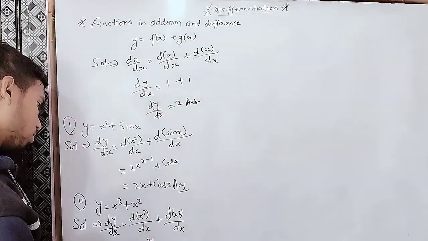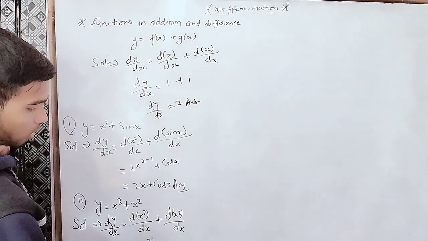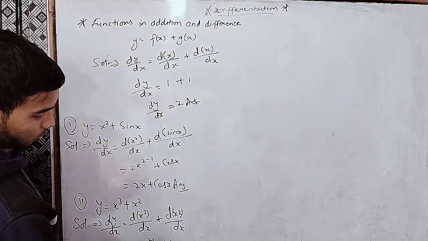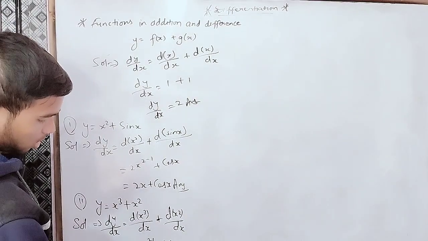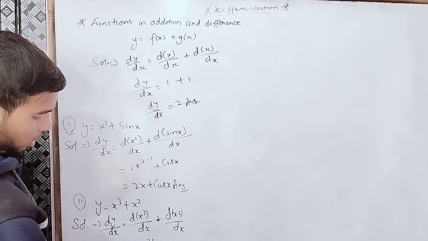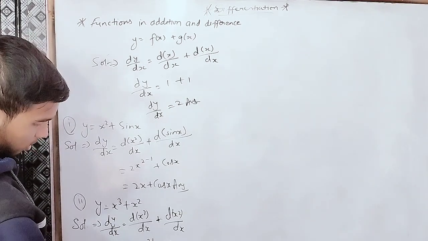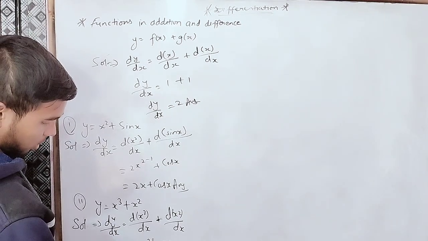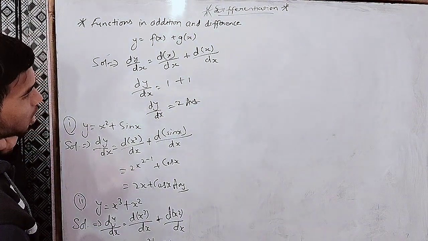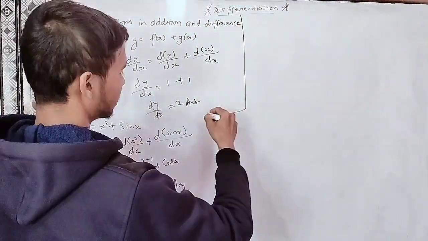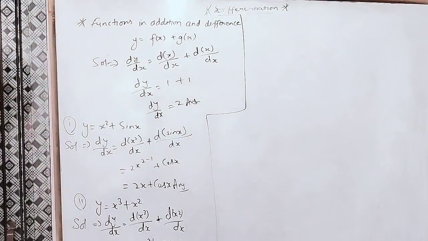Then we have a differentiation of x square, which will be 2x. Simple. 3x raised to the power 2 plus 2x. That's it.